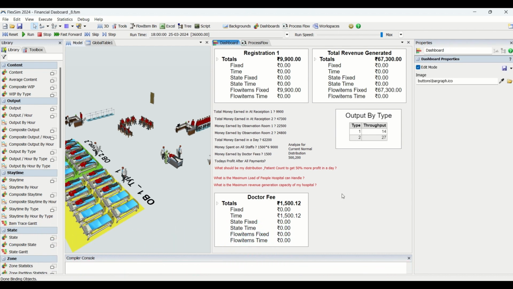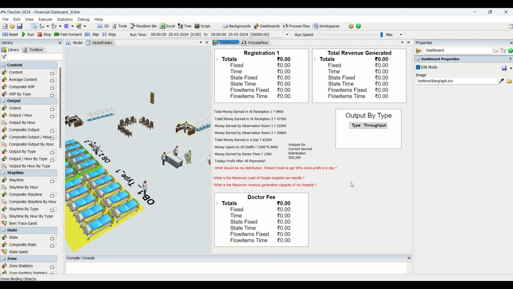Now let us answer another question: what is today's profit if we make all of these payments? Basically, we need to find out the total profit share generated by this healthcare system.